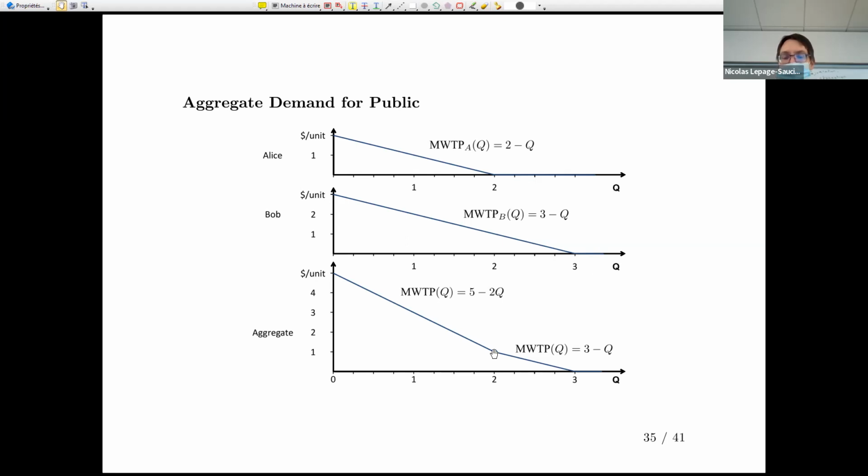So this segment there is pure Bob. That's only Bob who's going to still benefit, add a bit more benefit from units 2 to 3. And before that, the two are added together. So here the marginal willingness to pay for this segment is 2 minus Q plus 3 minus Q. So you get 5 minus 2Q. And here from this segment to this segment, well, it's just Bob, so it's just 3 minus Q. All right, so this is the example we've seen in class.